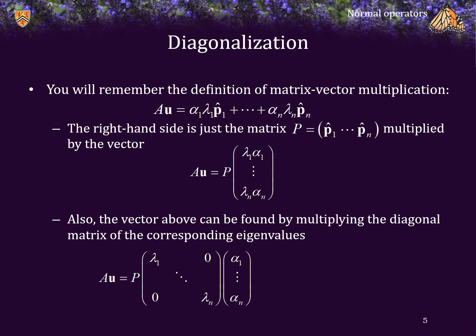Therefore, A times u is equal to P times this diagonal matrix times the alpha vector. But wait a second, the alpha vector was found simply by multiplying the vector u by the transpose of P. So consequently, if A times u is equal to this product of three matrices times u, then the matrix A must be equal to the product of the three matrices.